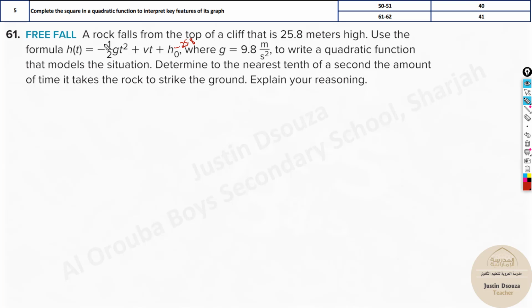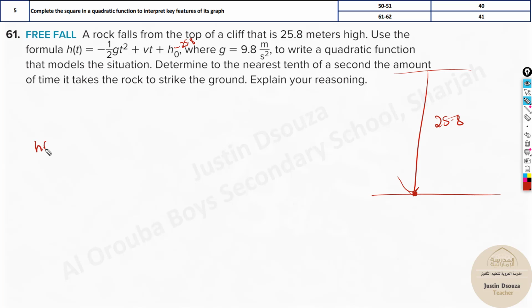Okay, that's the standard. Write the quadratic function that models the situation. Determine to the nearest tenth of a second the amount of time it takes the rock to strike the ground.